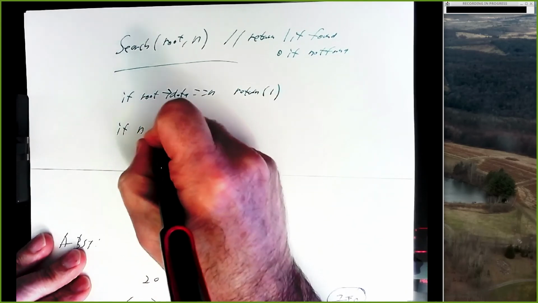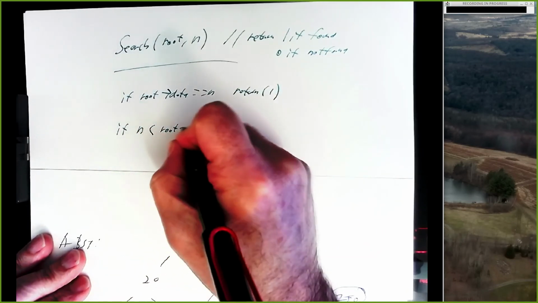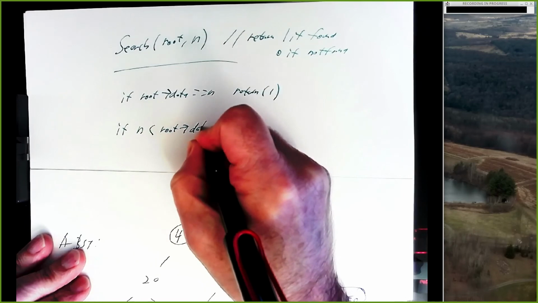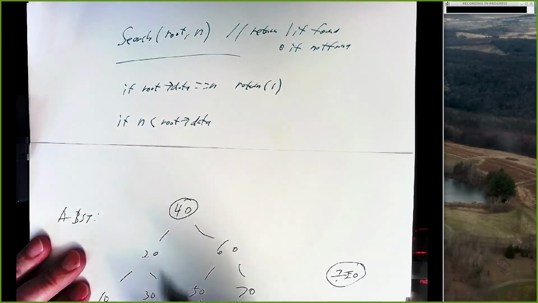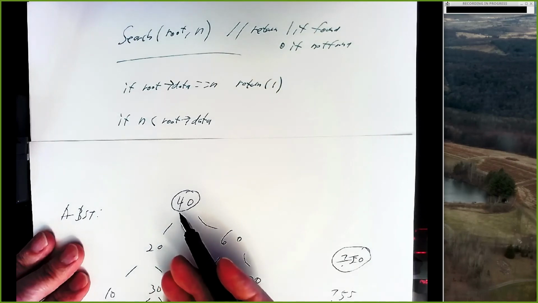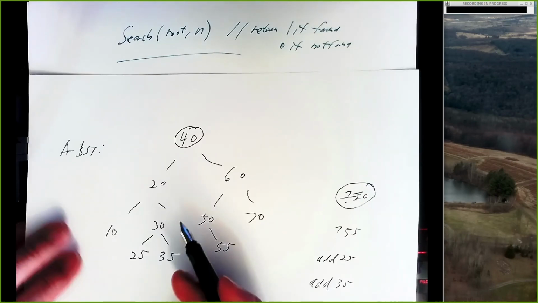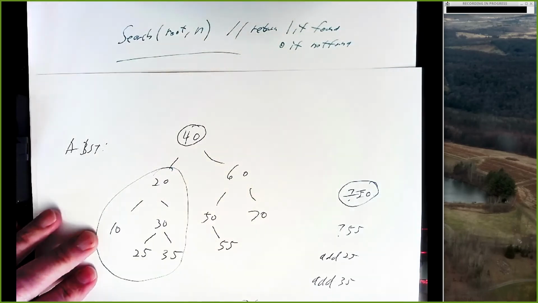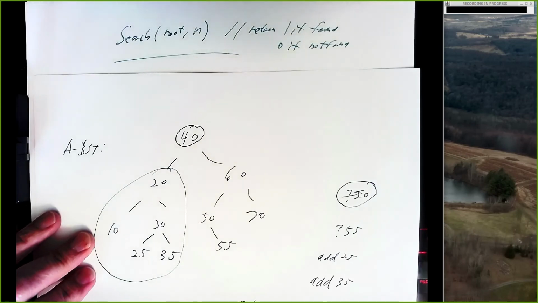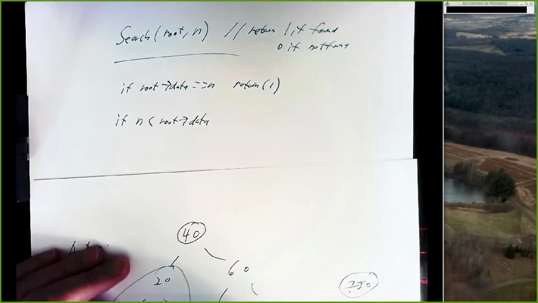If n is less than root arrow data, what does that tell us? If the number we're looking for is smaller than the root node, it can only be contained in the left subtree. So all we got to do is search the left subtree and see if it's contained in there. Well, how do we search the left subtree?